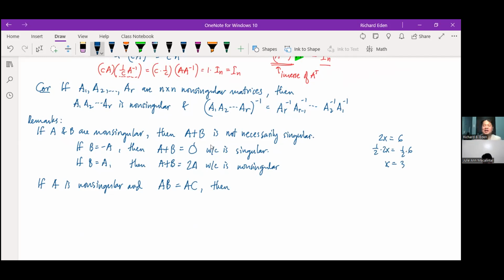But let's not forget what we're really doing when we cancel, which is we're multiplying by the reciprocal. This time, A has a reciprocal, right? So that's what you're suggesting, right? Pre-multiply by A inverse, which means that on the left side, A inverse AB is equal to B, and on the right side, it's equal to C. So now you can do the cancellation because A is non-singular.